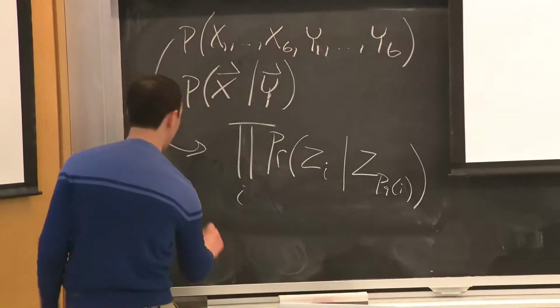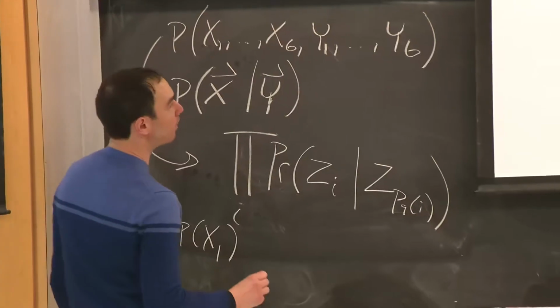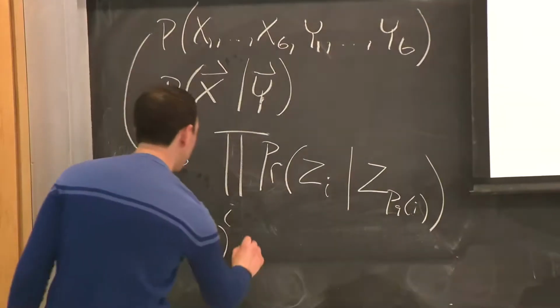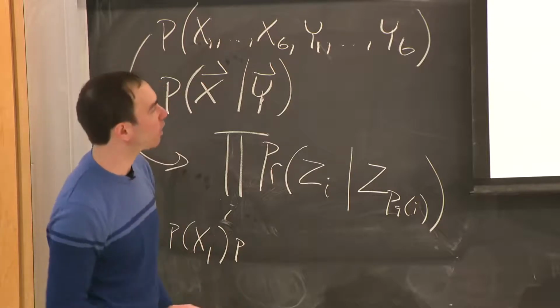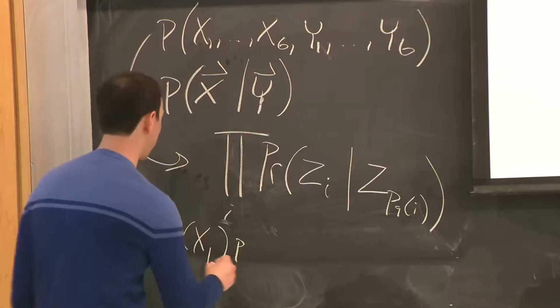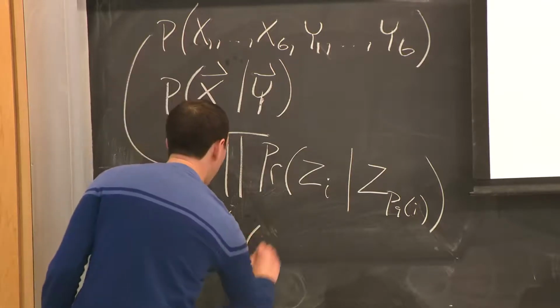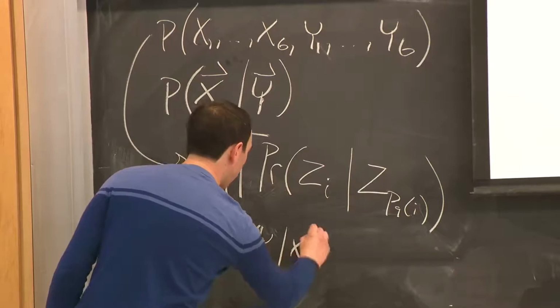So the first random variable is x1. Second random variable is y1. And what are the parents of y1? Everyone can say out loud? x1, OK. So y1 in this factorization is only going to depend on x1.